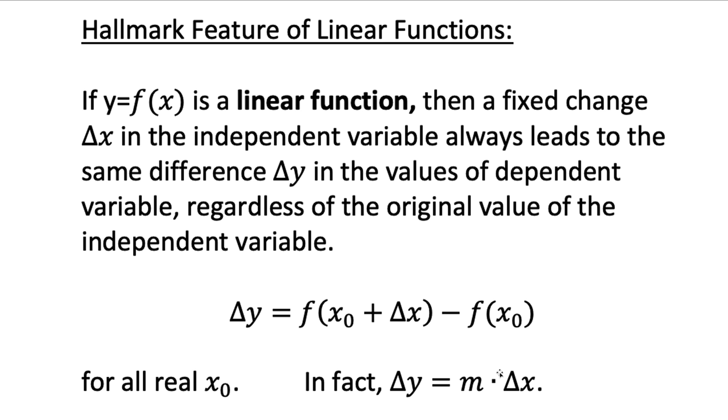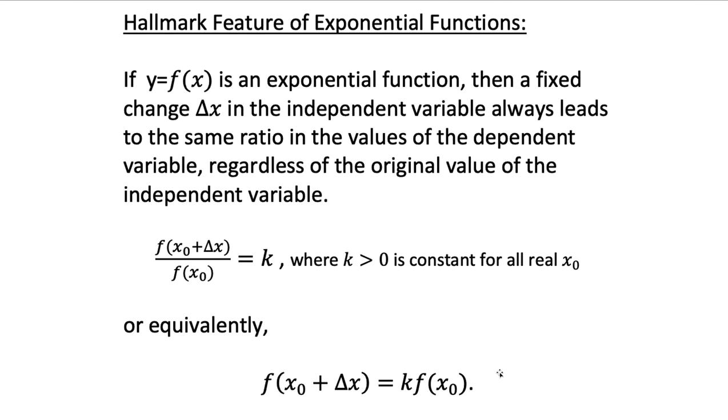Well, I'm going to show you the hallmark feature of exponential functions. If y equals f of x is an exponential function, like I defined originally up there, then a fixed change, delta x, in the independent variable always leads to the same ratio in the values of the dependent variable, regardless of the original value of the independent variable.